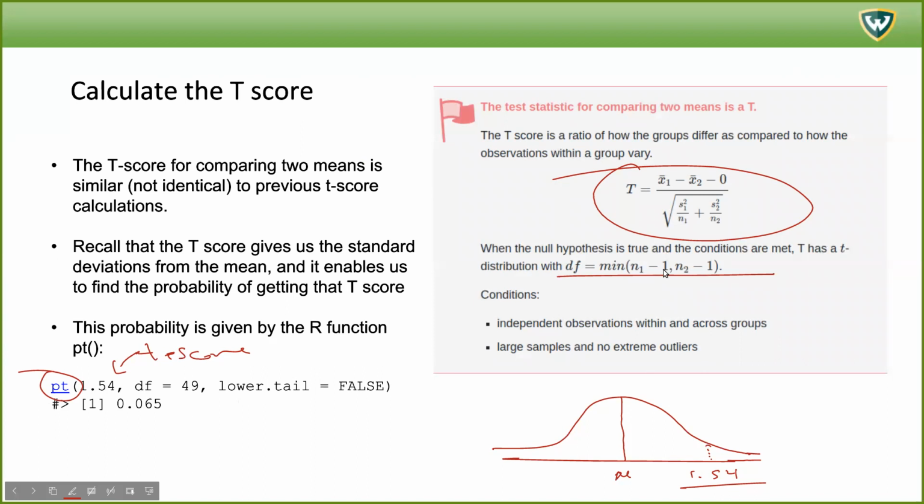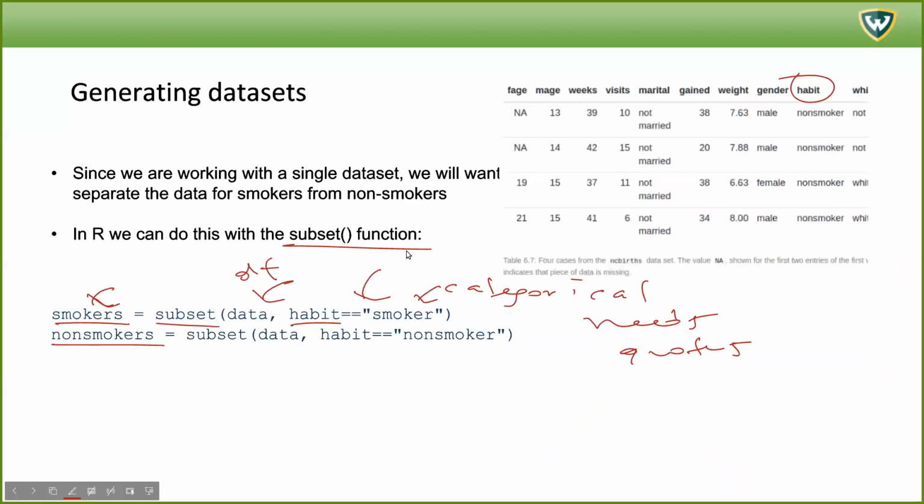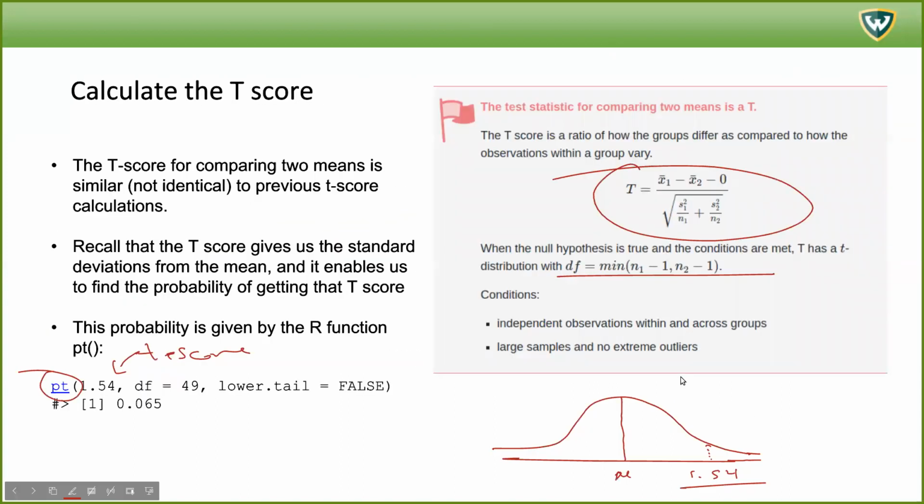It's the minimum of the n for the one sample minus one, or the n of the other sample minus one. So you choose the minimum of the two. In our case here, when we divided the previous data, we said the n was 150, and I think it was 100 for one and 50 for the other, 100 non-smokers and 50 smokers. So we'll take the smaller one minus one, which is 49.